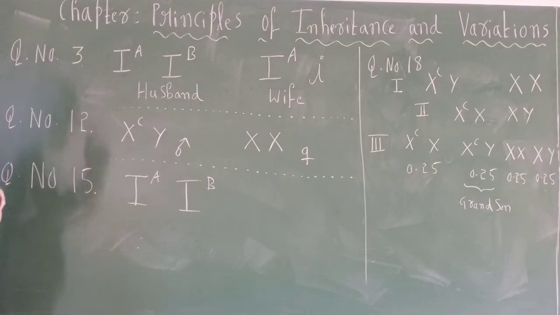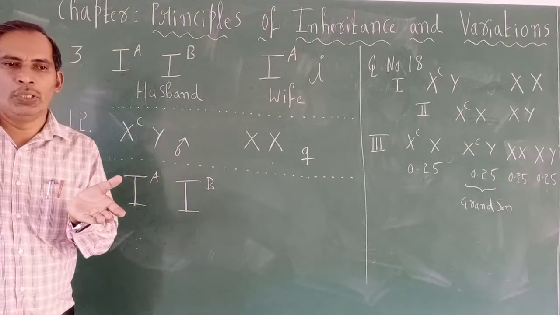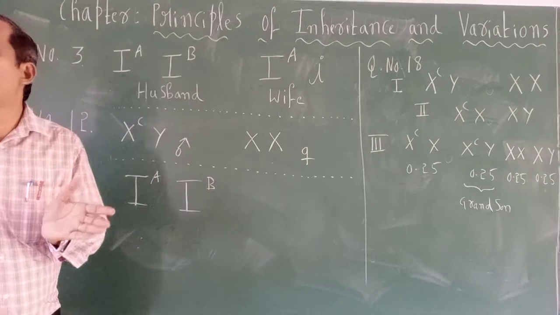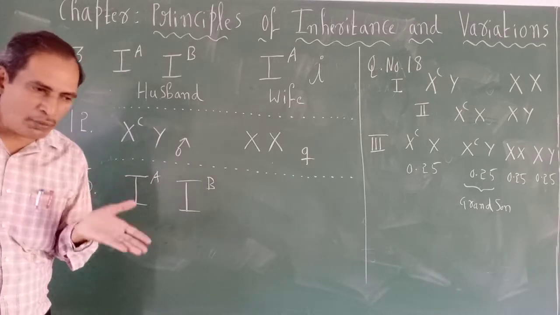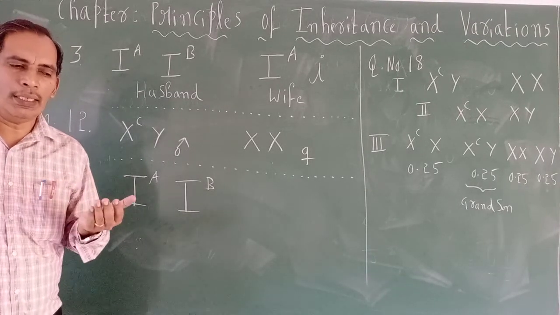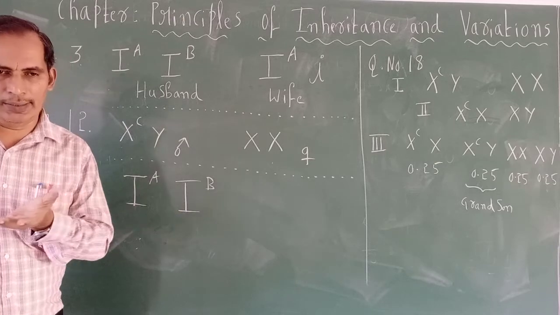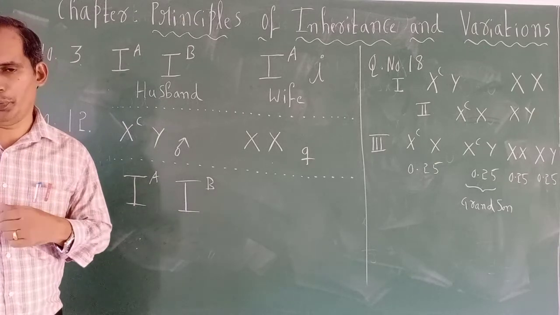T.H. Morgan did experiments on fruit flies, dihybrid cross experiments, and he didn't get the normal dihybrid cross ratio.